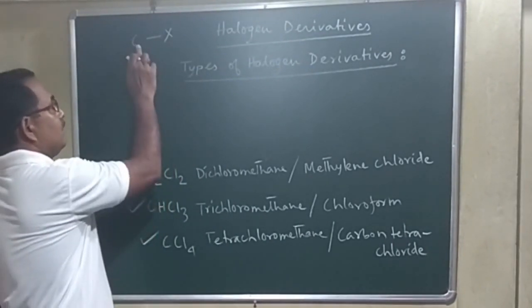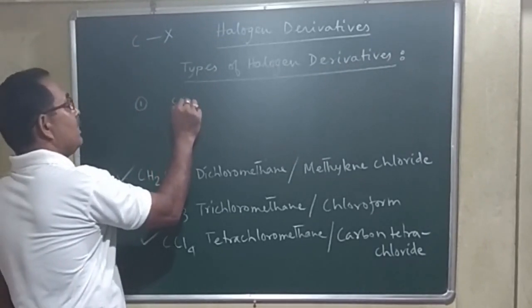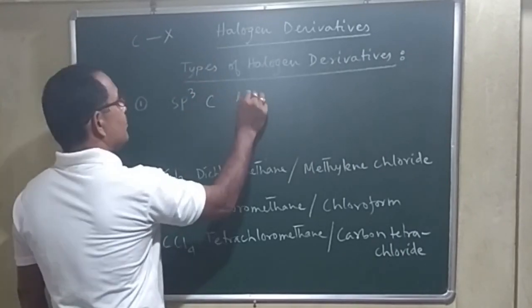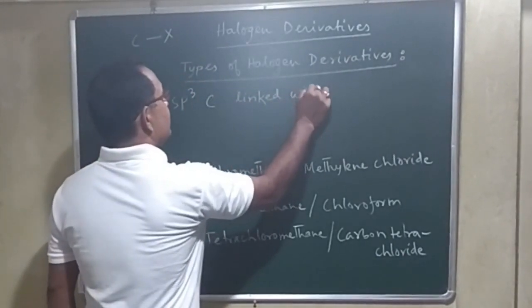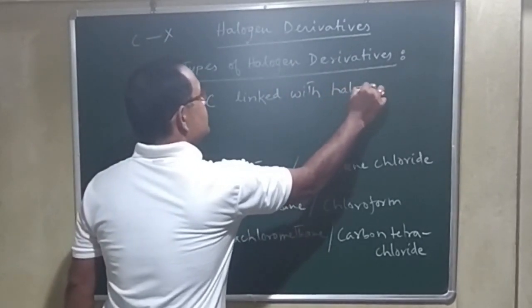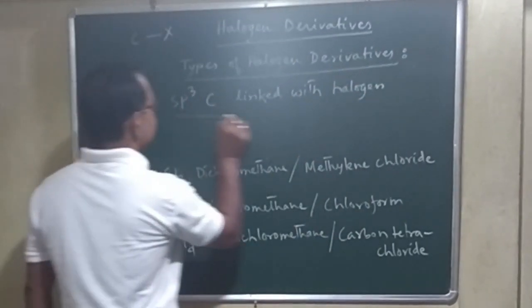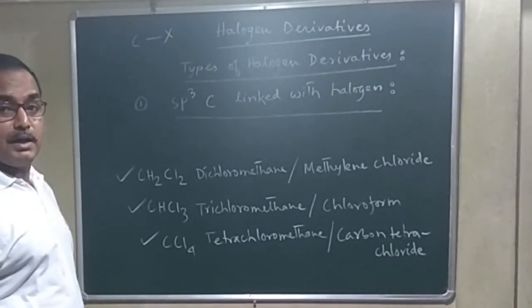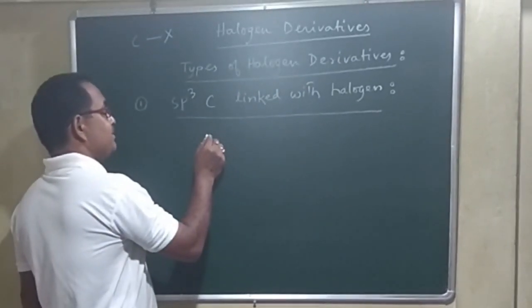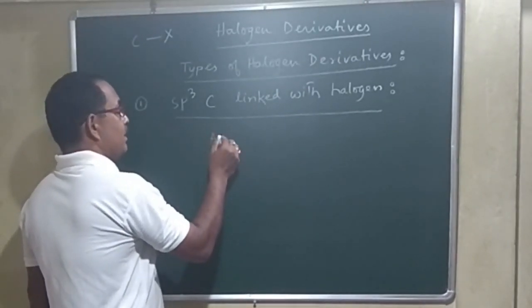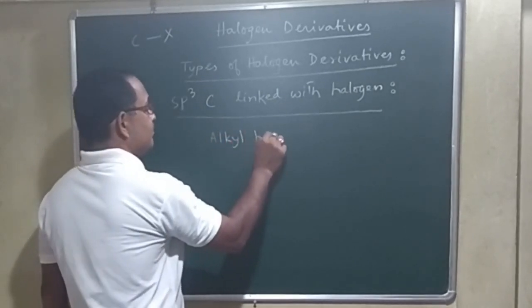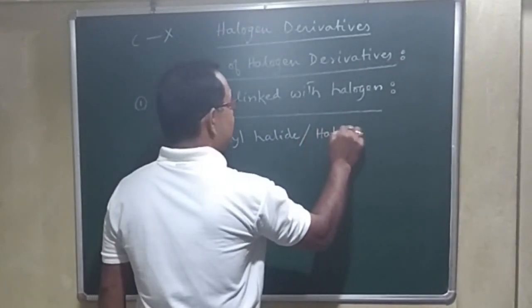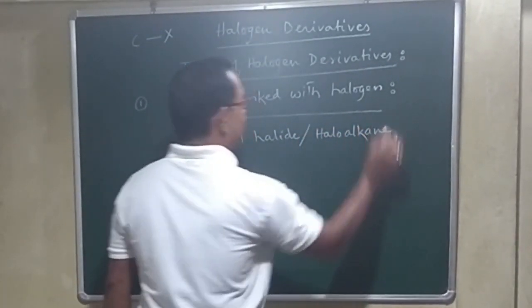First one, the carbon is sp3 carbon linked with halogen. In this side, we may have say alkyl halide or sometimes this is called haloalkane.